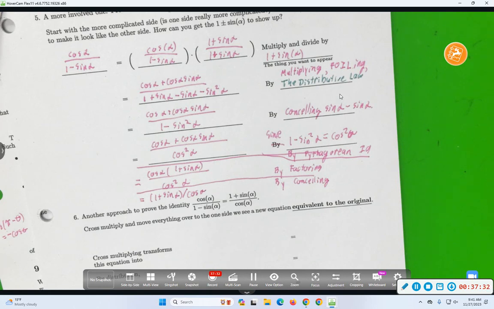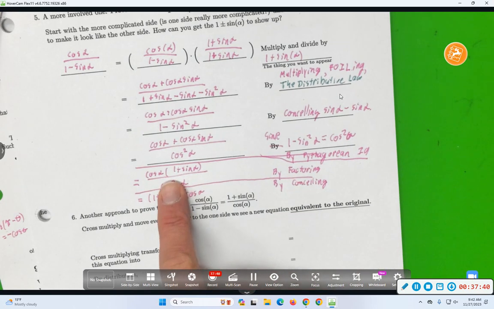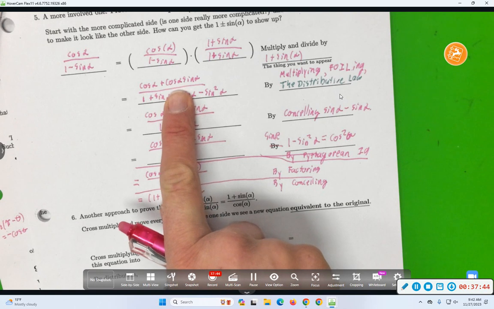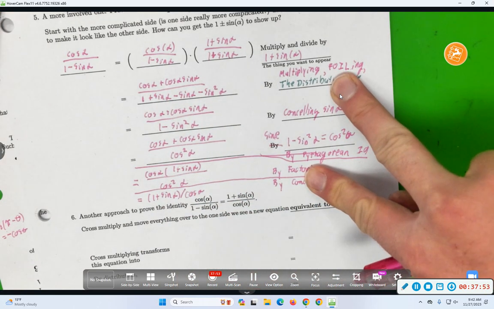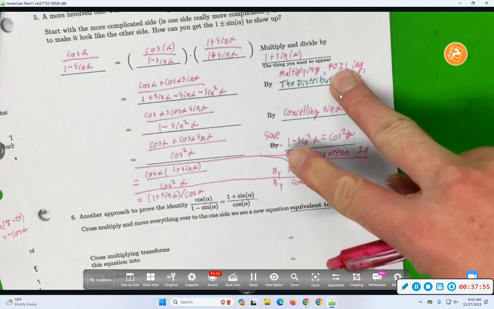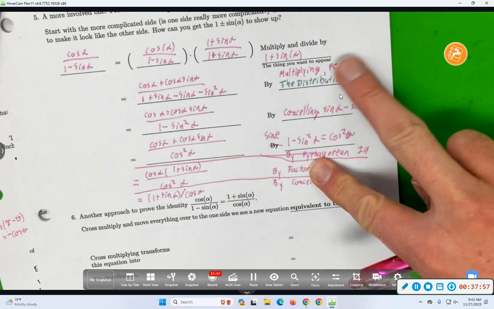So, when you finish a proof, this I think is correct. You should look back at it and see if you could streamline it. So notice here we factored a cosine out of the numerator. In this step, we distributed a cosine through the numerator. So this step is just undoing half of what that step did. So we don't really need this step as long as we change what we did in that step.